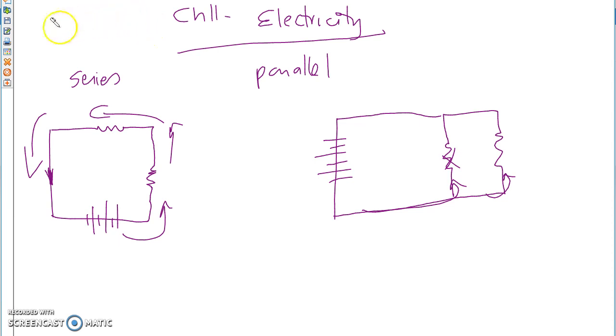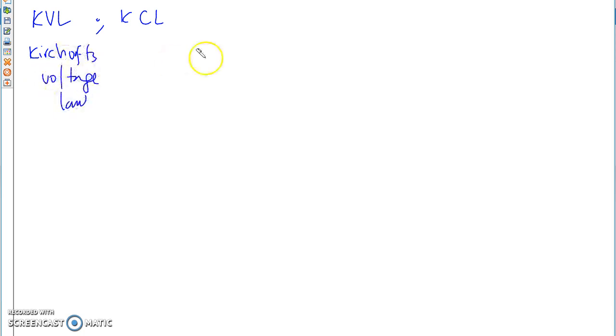Okay, so when we're talking about our rules and regulations in regards to series and parallel, we're going to start out with KVL, Kirchhoff's voltage law, and KCL, Kirchhoff's current law.